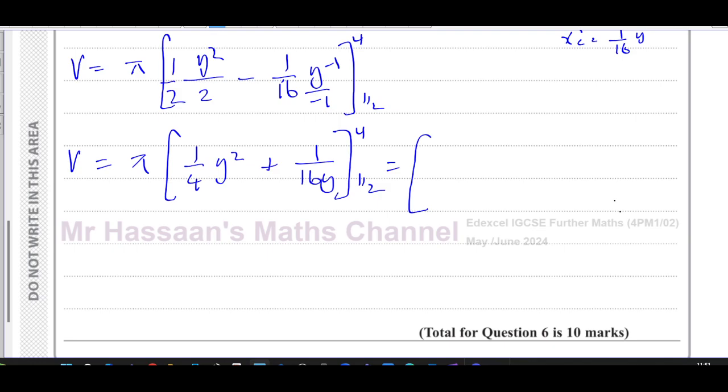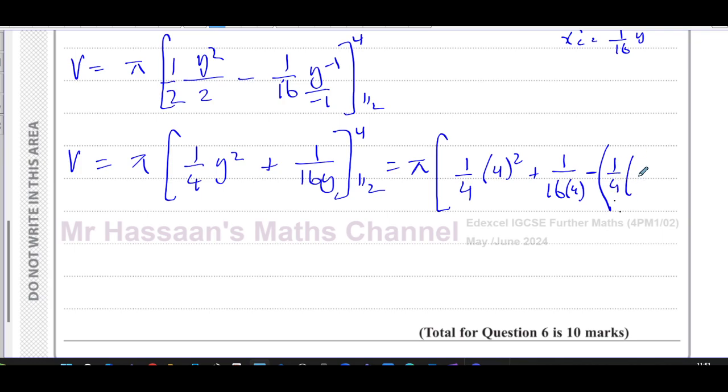So again, please don't forget to write the pi. So you have pi times, we're going to put 4 in here, so it's going to have 1 over 4 times 4 squared plus 1 over 16 times 4, and you have minus, and then we're going to have a quarter times a half squared.